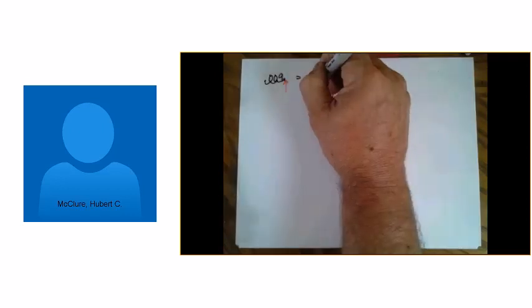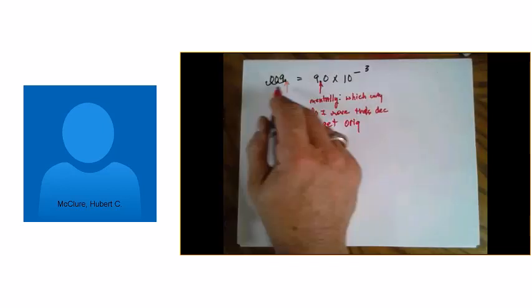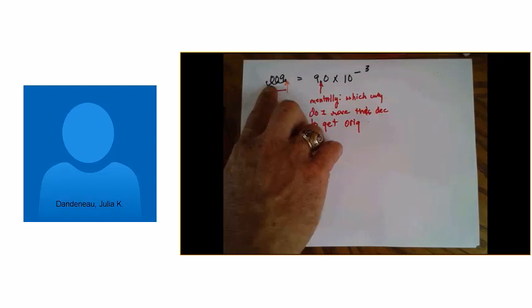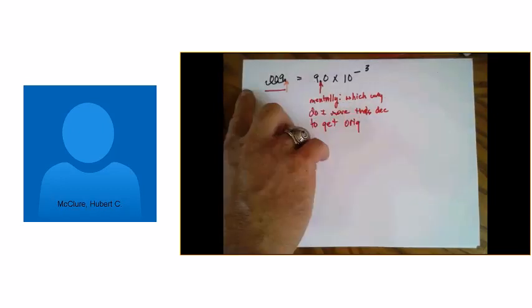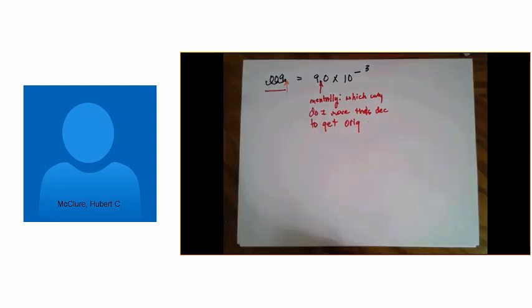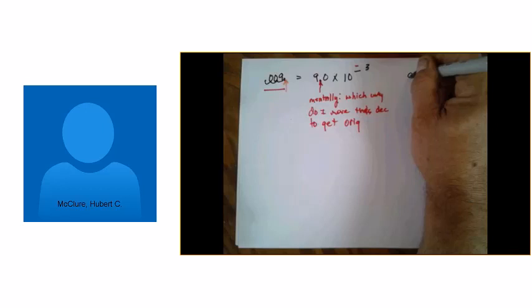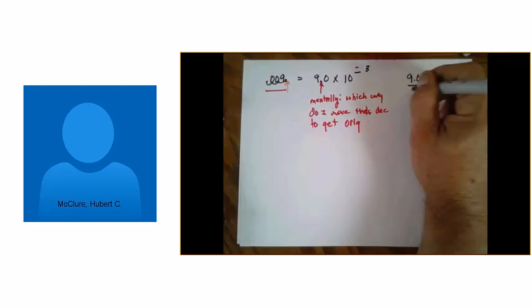Look at that decimal right there. Now, which way do I move that decimal to get it to look like this? That's the original form. Which way do I move this decimal in my head to get it to look like this? To the left. And left means negative. And your final answer is 9.0 times 10 to the negative third.